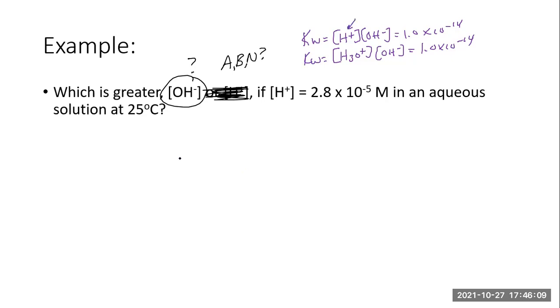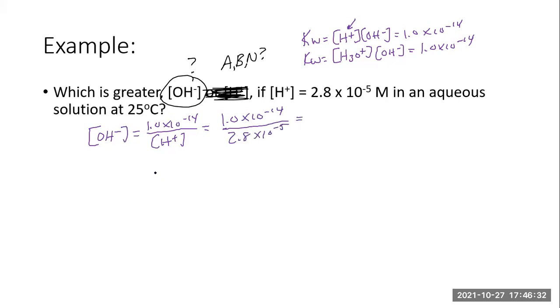We want to solve for the OH minus concentration, which means we're going to divide the H plus concentration to the other side. It gives us 1 times 10 to the minus 14 divided by our H plus concentration, which gives us 1 times 10 to the minus 14 divided by 2.8 times 10 to the minus 5. A reminder that when we put this into our calculator, we want to use our exponent button.